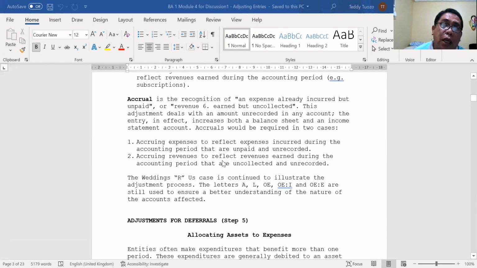Accrual. So this is actually like utilities expense. Remember when you pay for electricity to Sorneco, right? We use it this month, and then the payment comes in the following month. So this is accrual, the recognition of an expense already incurred.